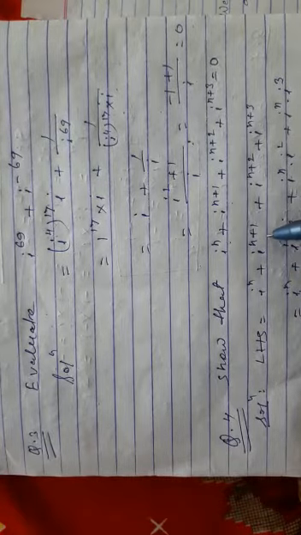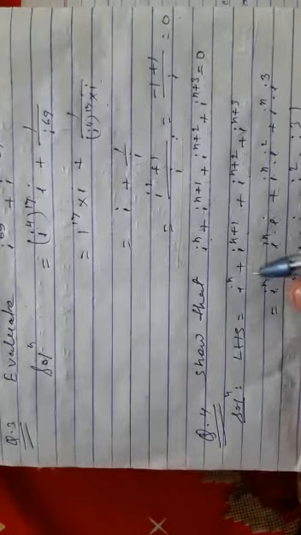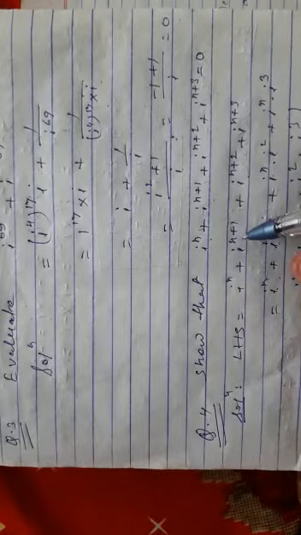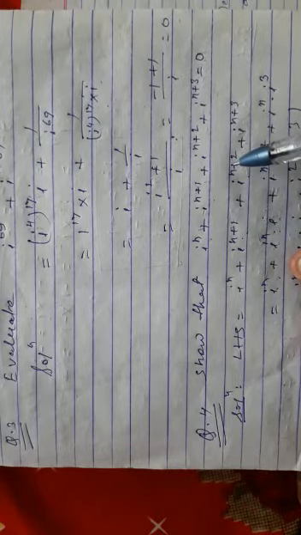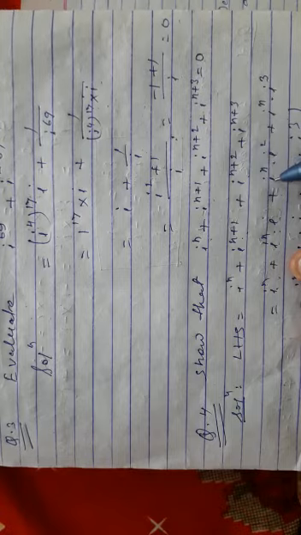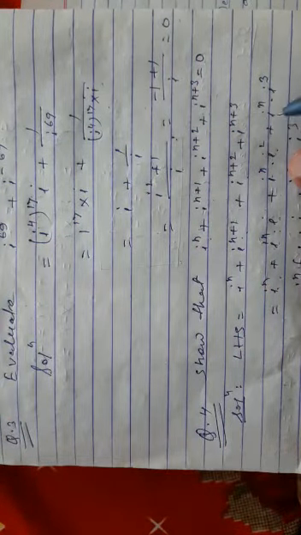LHS: i to the power n plus i to the power n plus 1 plus i to the power n plus 2 plus i to the power n plus 3 is equal to i to the power n. i to the power n plus 1 is written as i to the power n into i. i to the power n plus 2 is written as i to the power n into i square. i to the power n plus 3 is written as i to the power n into i cube.